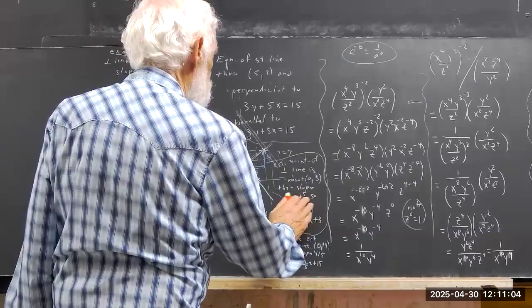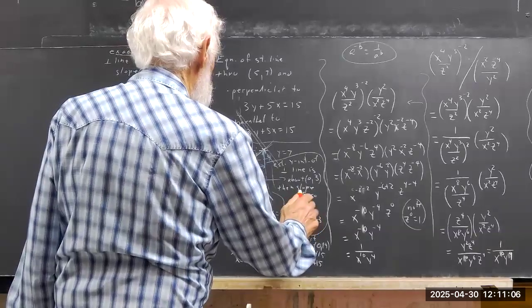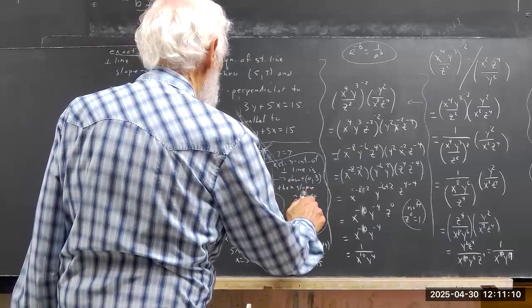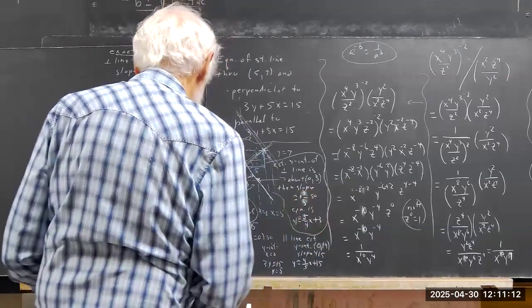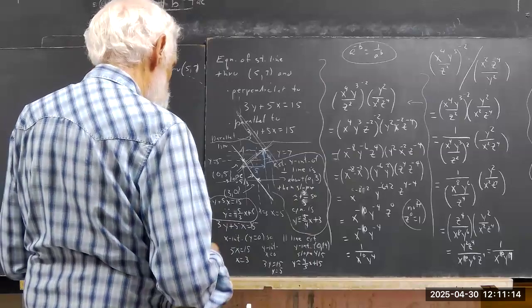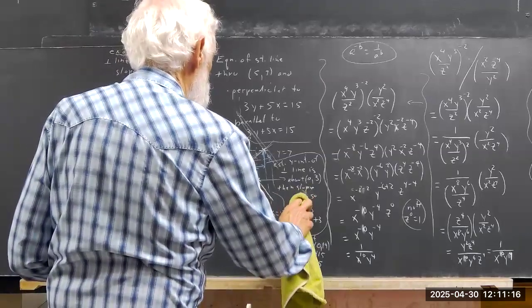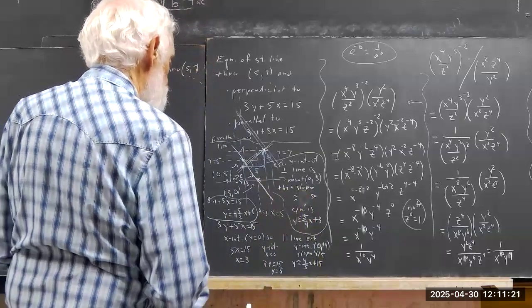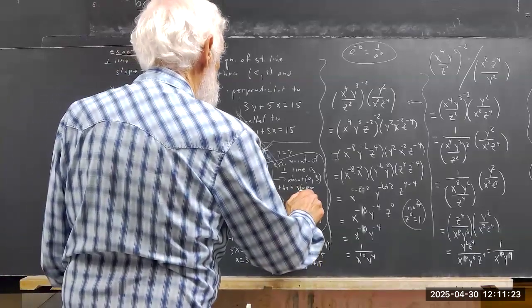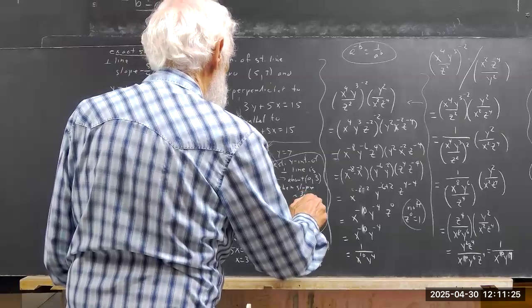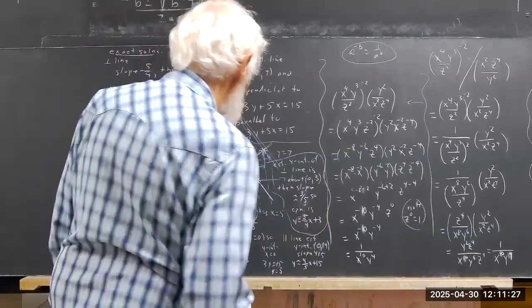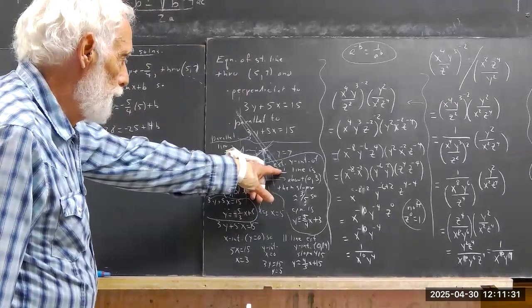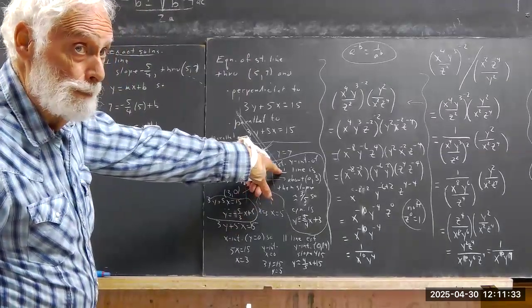Slope ought to be positive, because the perpendicular line has negative reciprocal slope.